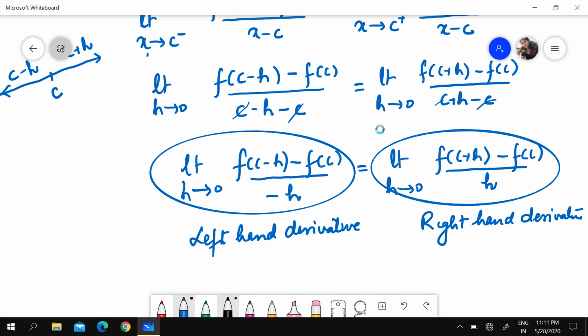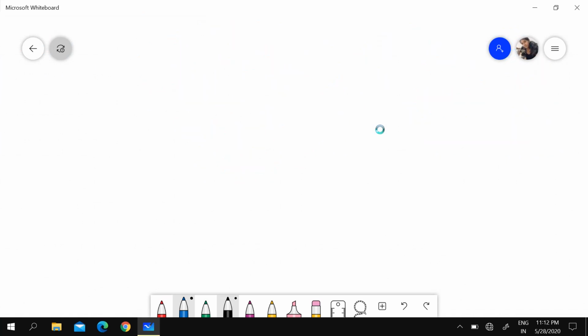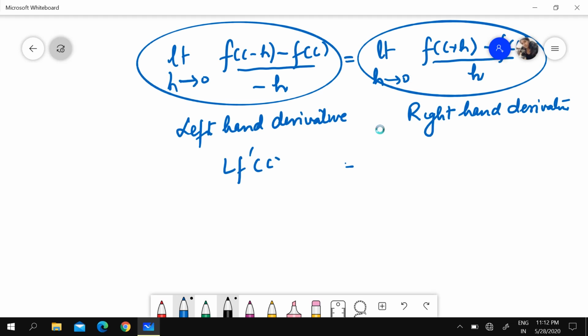That means a function f is differentiable at c if the left hand derivative at c is equal to the right hand derivative at c. And we represent this by L f dash c is equal to R f dash c.